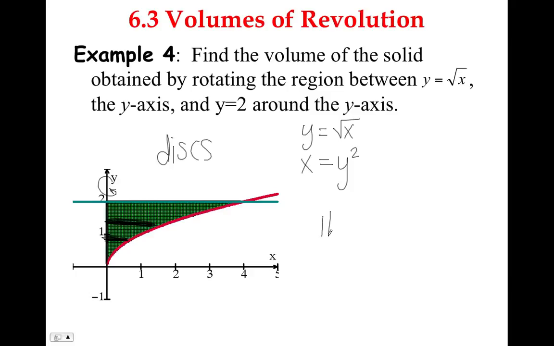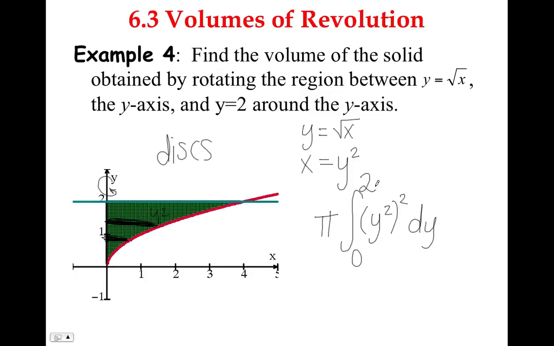So I'm going to have pi times the integral of my radius, which is just y squared, with respect to y, as y goes from what to what. And I can clearly see, given the bounds, that y is going from 0 to 2.